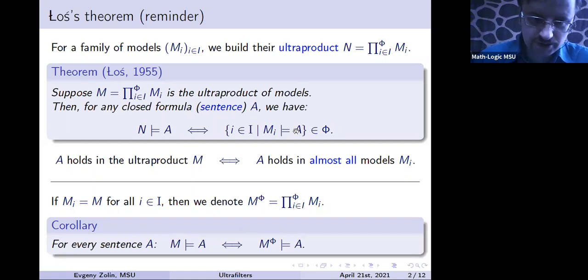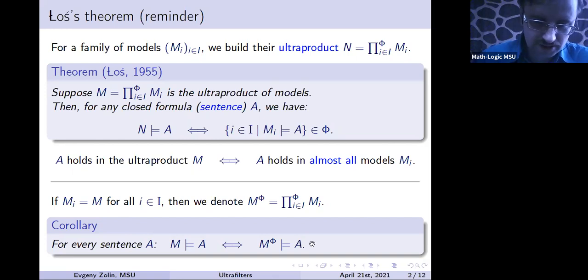And for ultrapowers, the consequence of this theorem is that a formula is true in the original model if and only if it is true in the ultrapower. Because if all models are the same, then this set of indices where A is true is either empty or the whole set I. So either A is true in M, then this is I, or A doesn't hold in Mi, then it is empty.